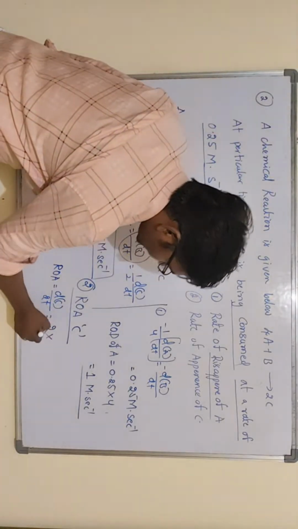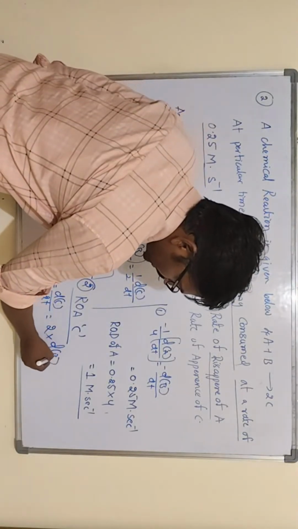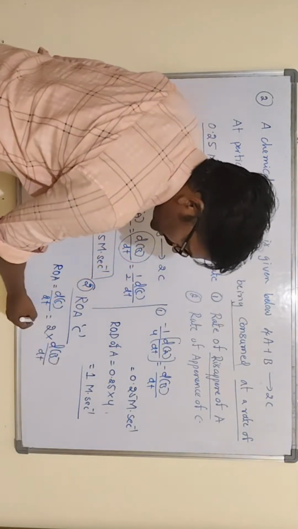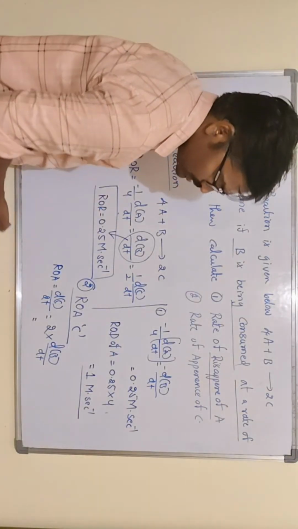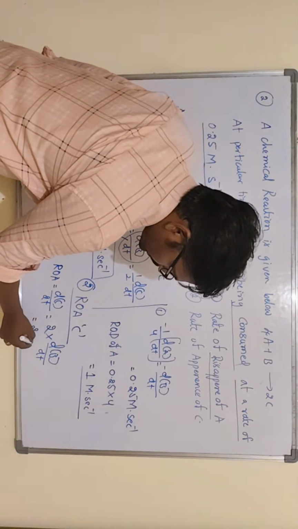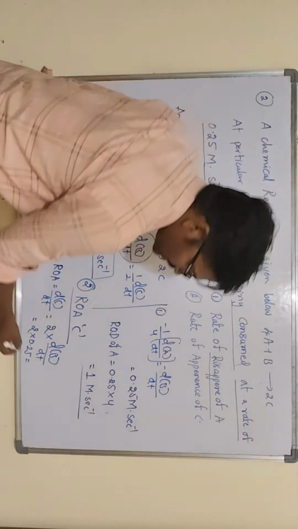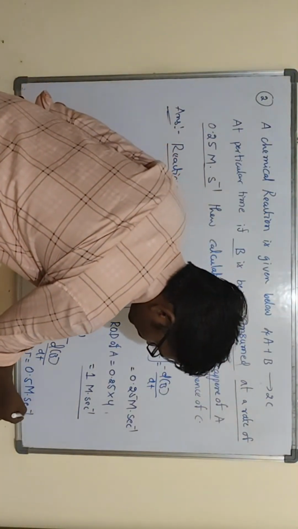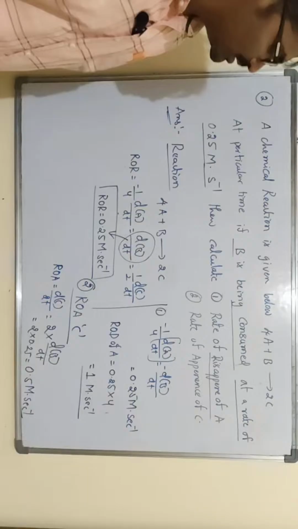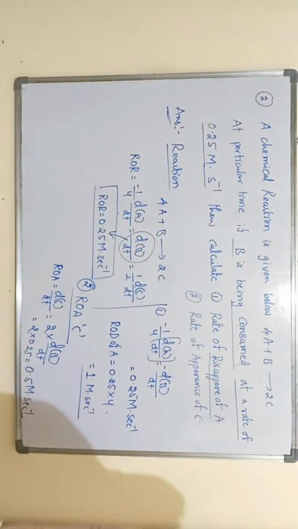So 2 into d[B]/dt you can get. This is the value for d[B]/dt. So 2 into 0.25, you get 0.5. So 0.5 molarity second inverse. Understand, my dear students? So this is the question. Yes, note down the question with the answer.